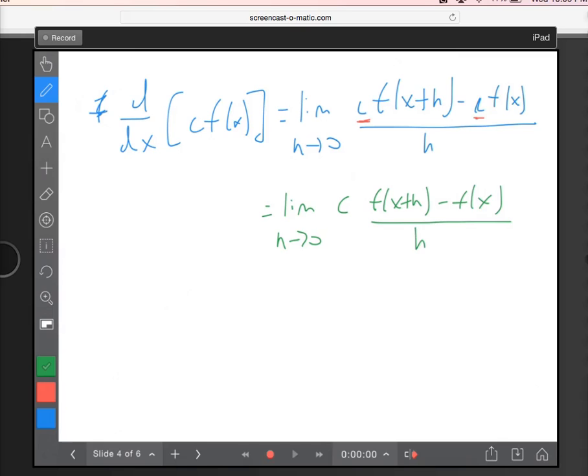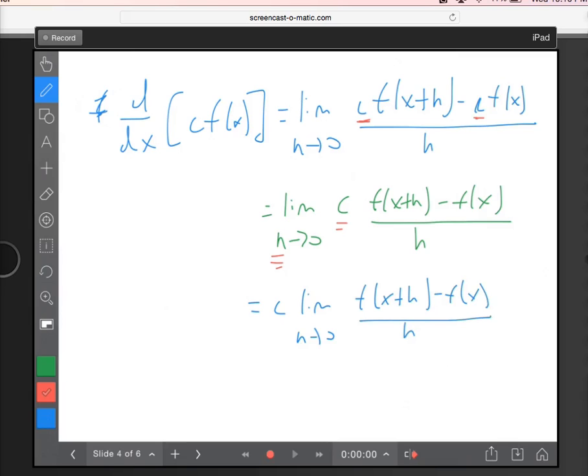Based upon the work we've done with limits so far, the key thing is that when we're evaluating a limit, this variable here is what we're really interested in seeing what's happened to. Here, h is approaching 0. So as h approaches 0, c is just a constant. It's not going anywhere. So I'm going to pull that c out in front of the limit as h approaches 0 of f of x plus h minus f of x all over h.